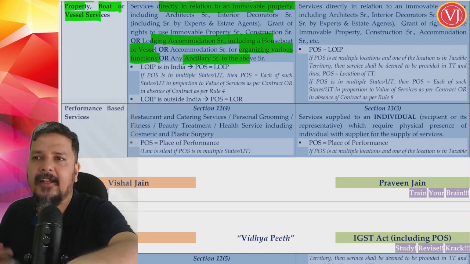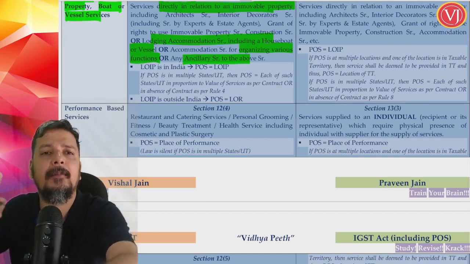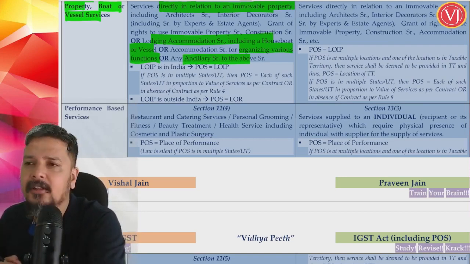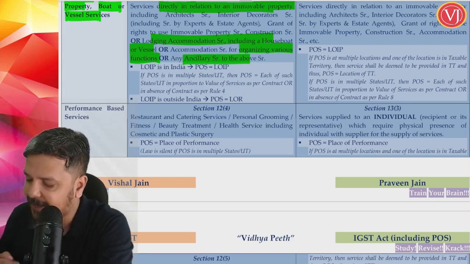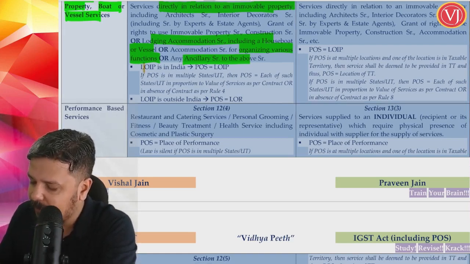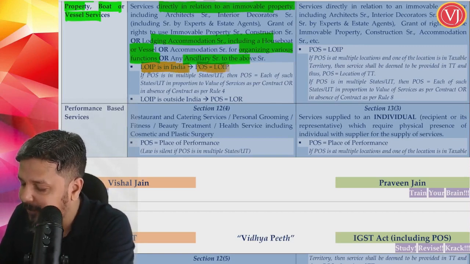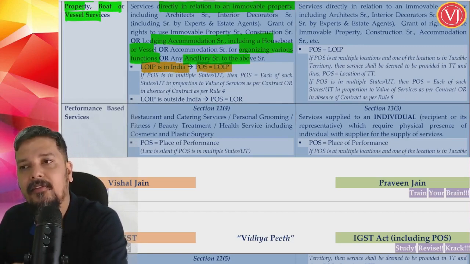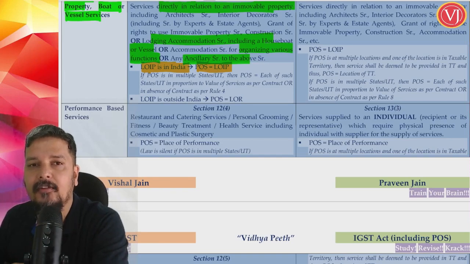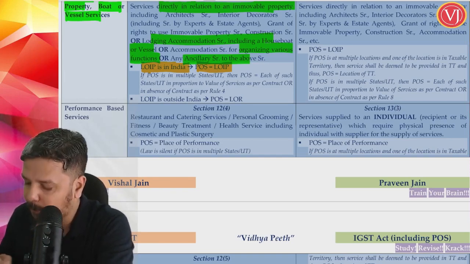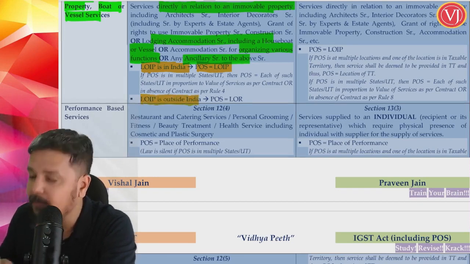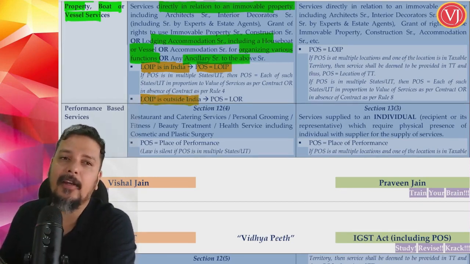Ancillary services may also include event management services for that particular place. In that scenario, if your location of immovable property is in India, then your place of supply is the location of immovable property. If location of immovable property is outside India, the government does not want to lose the revenue.